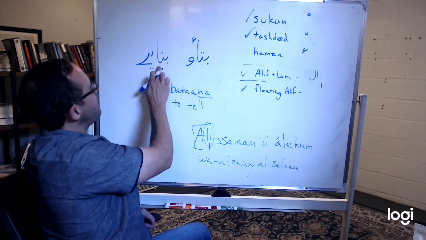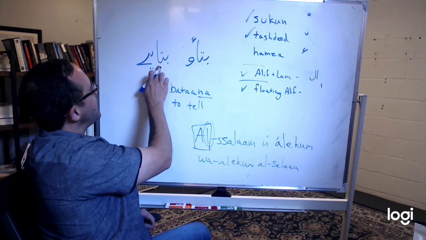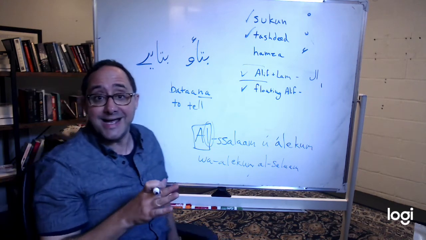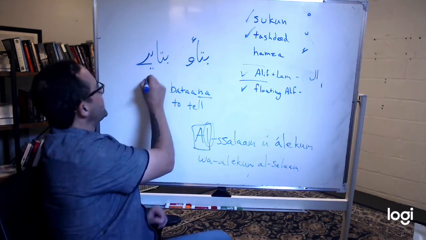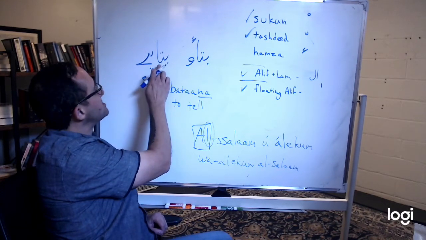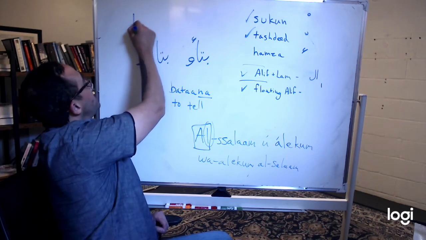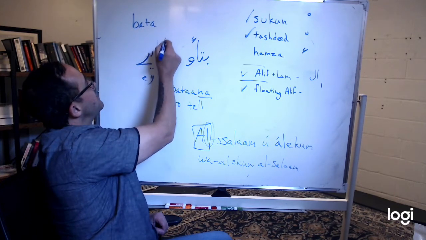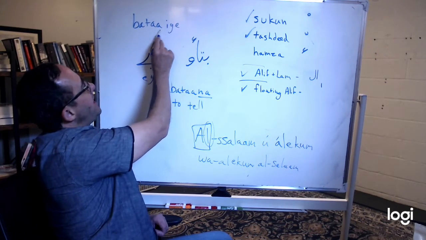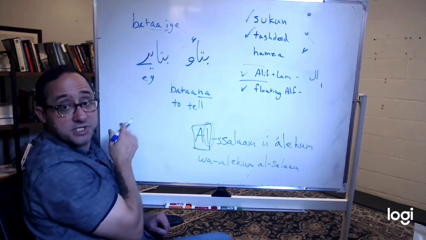So between this ah and this e is an I. Bataye. This is actually a y, e, y, ye. So this is bata, e, so it's bata, iye. See this ah and then I, this short vowel.